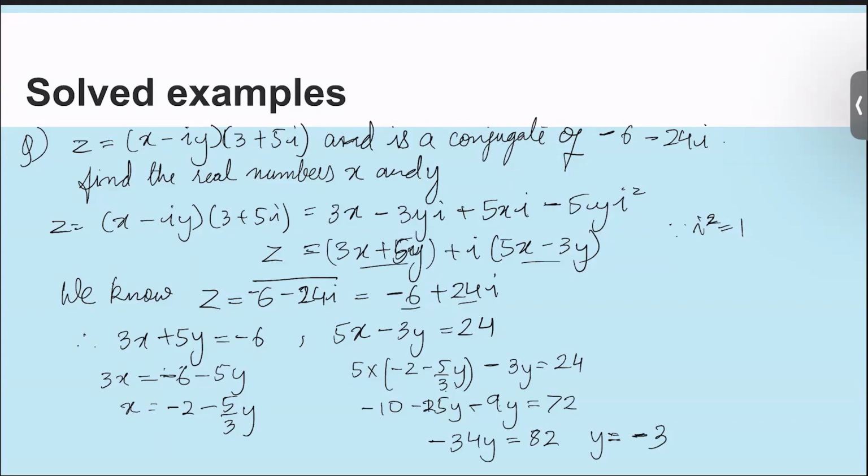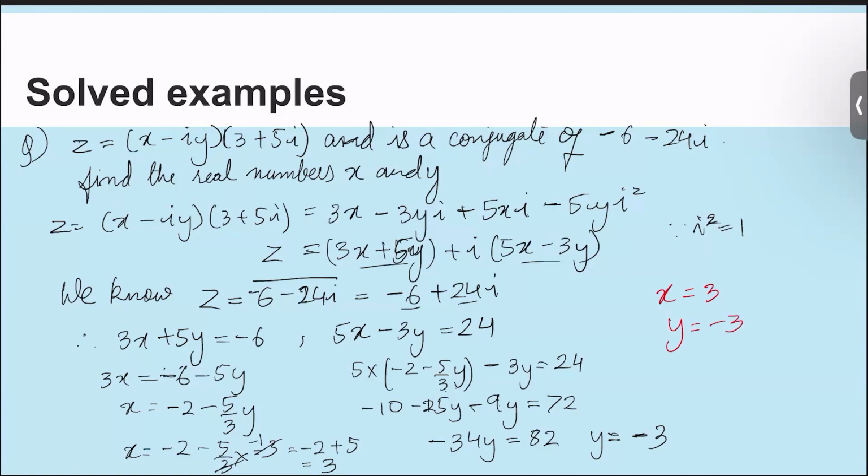Now since we got y, you substitute it over here, so x is equal to minus 2 minus 5 by 3 multiplied by minus 3, so you get minus 2 plus 5, so x is then actually 3. So the answer that we get is that x is equal to 3 and y is equal to minus 2.